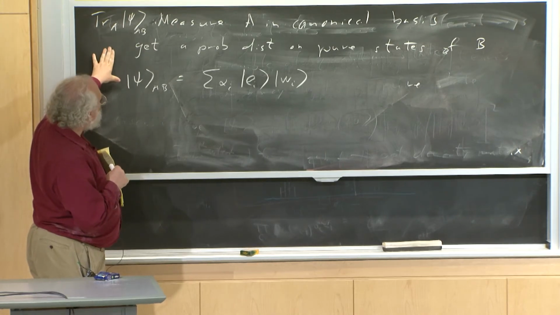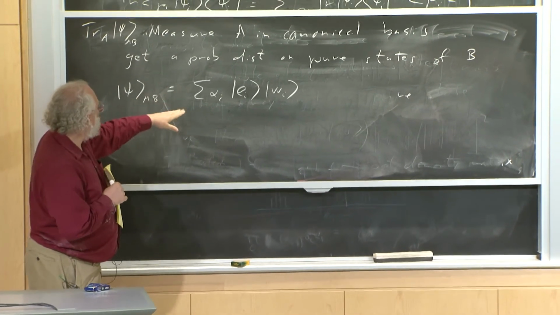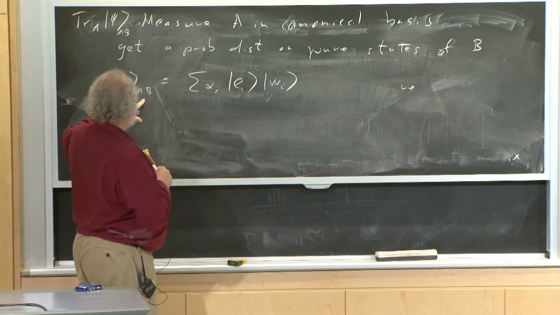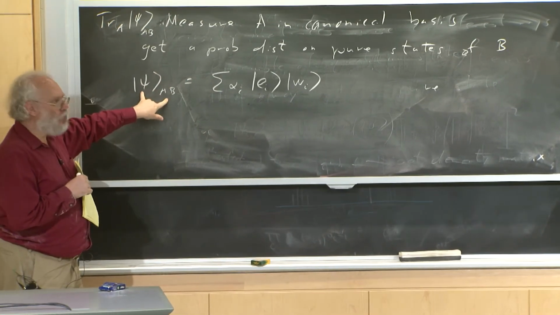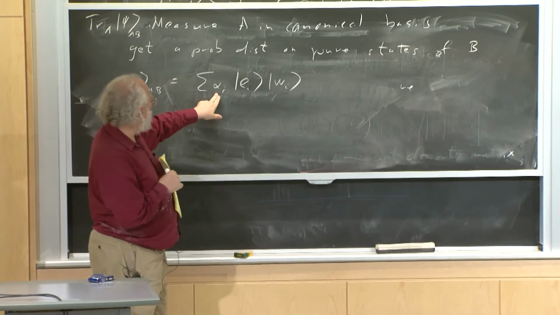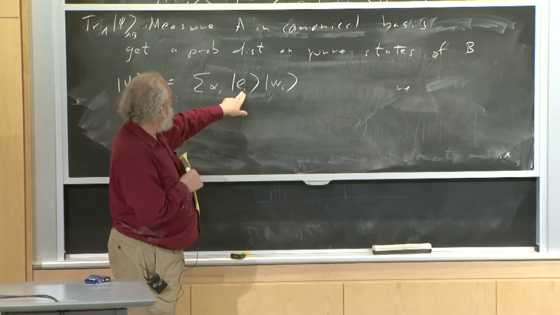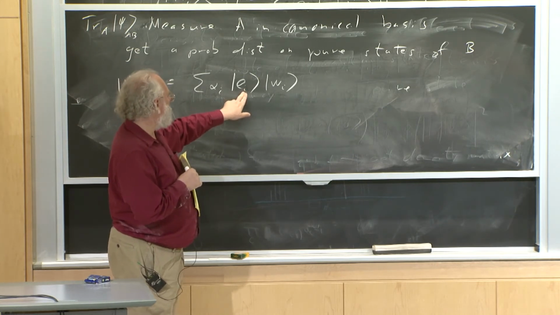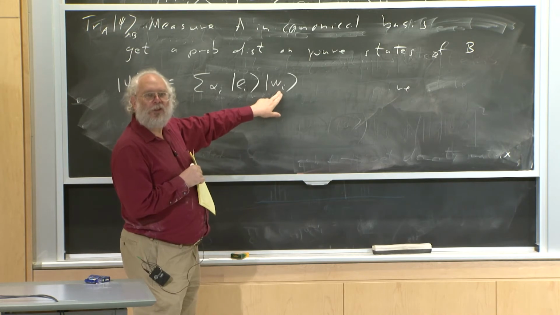So this is what happens. You can always write a state of two systems as a superposition over E sub I, the canonical basis in the one, times some vector in the other.